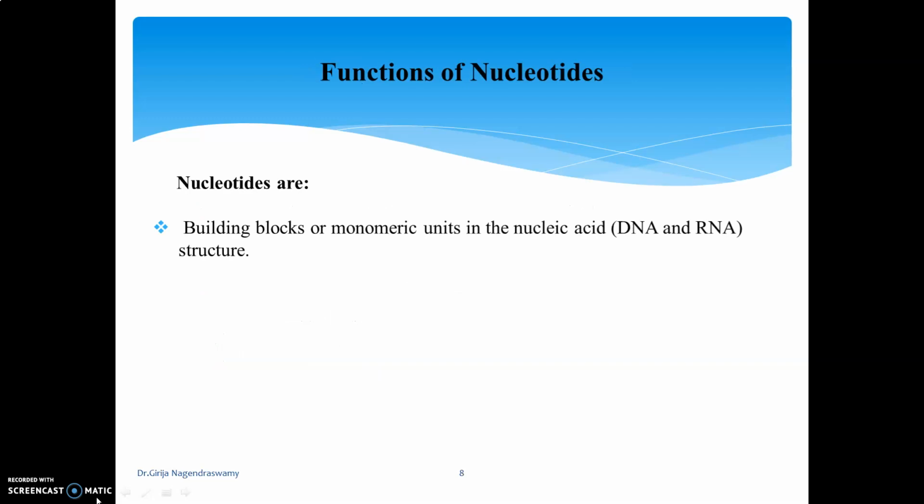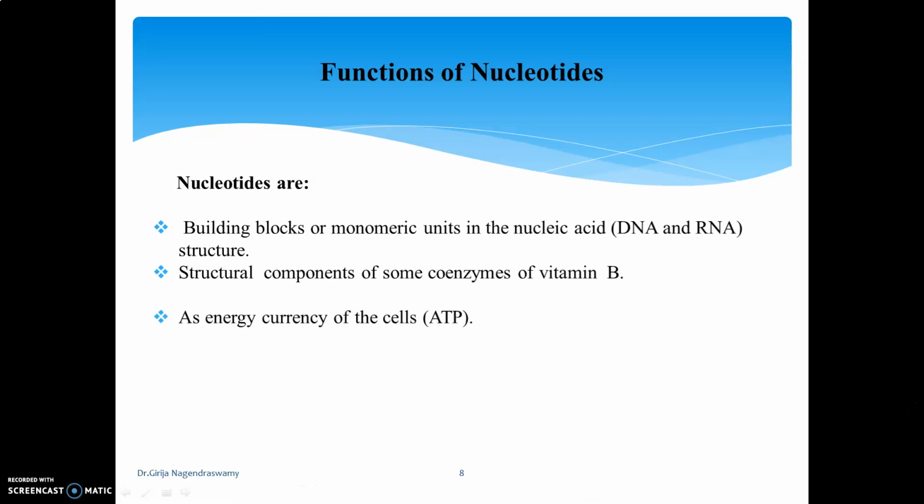Functions of nucleotides are they are building blocks or monomeric units in the nucleic acid structure, structural components of some coenzymes of vitamin B, as energy currency of the cells, as second messenger, and the control of metabolic reactions.